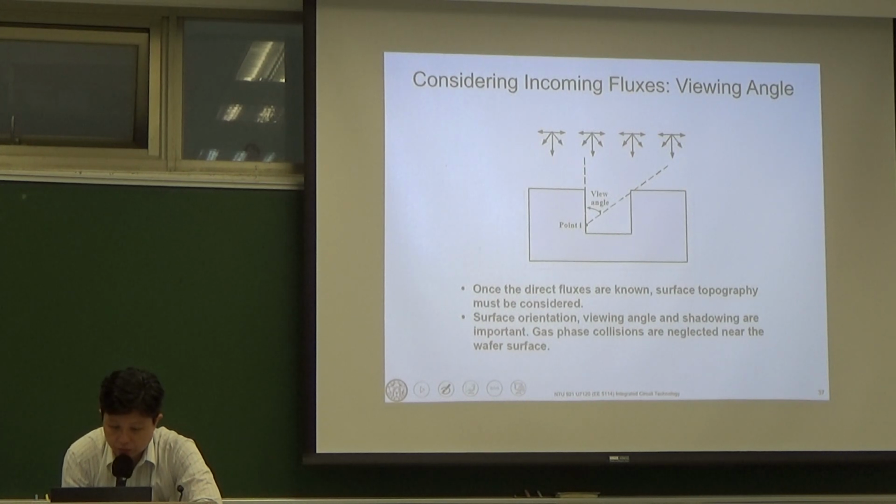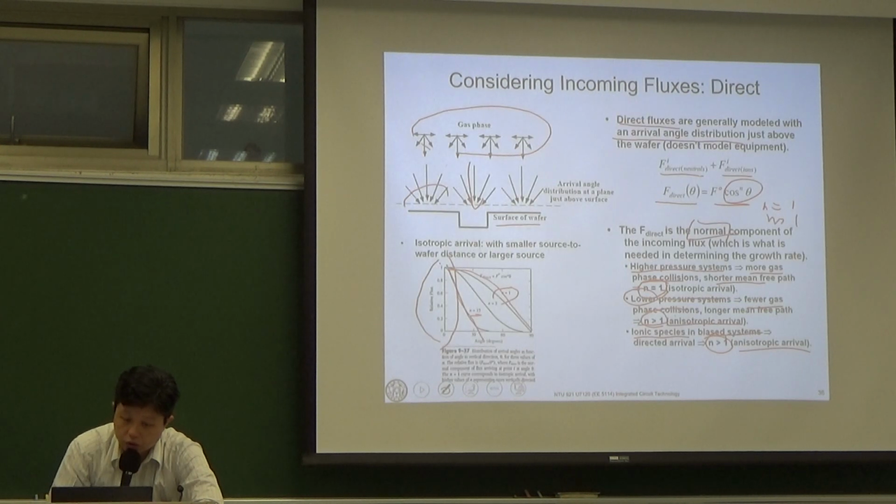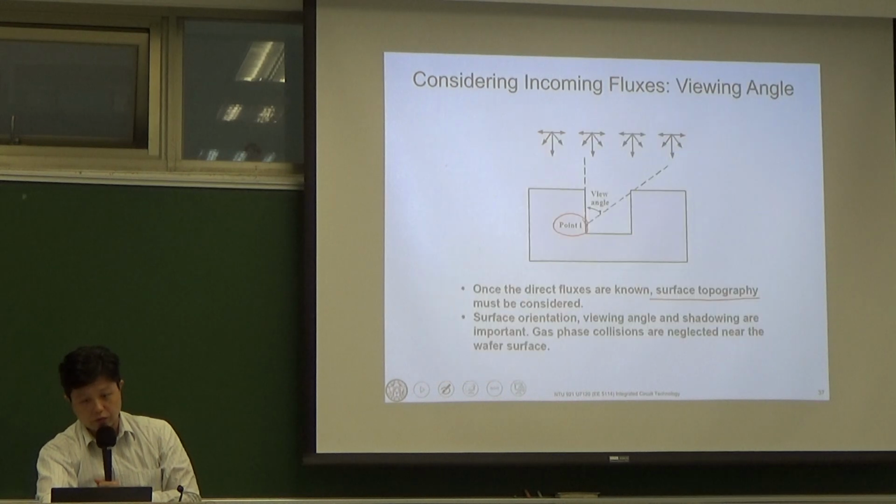For a certain point i here, there's a view angle, and it depends on the surface topography. Previously we knew the incoming flux with different arrival angles.